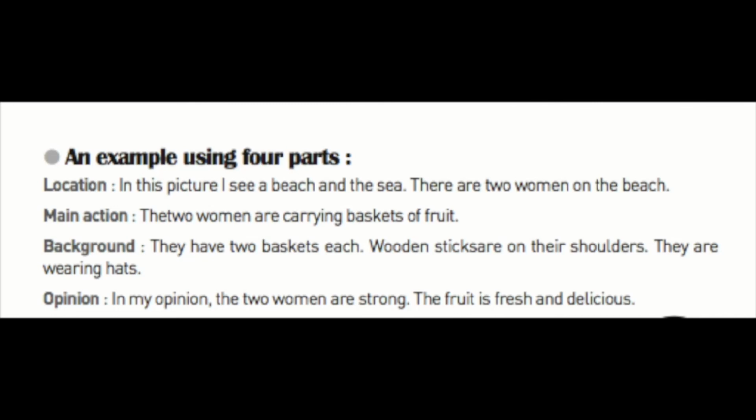They have two baskets each. Wooden sticks are on their shoulders. They are wearing hats. In my opinion, the two women are strong. The fruit is fresh and delicious.